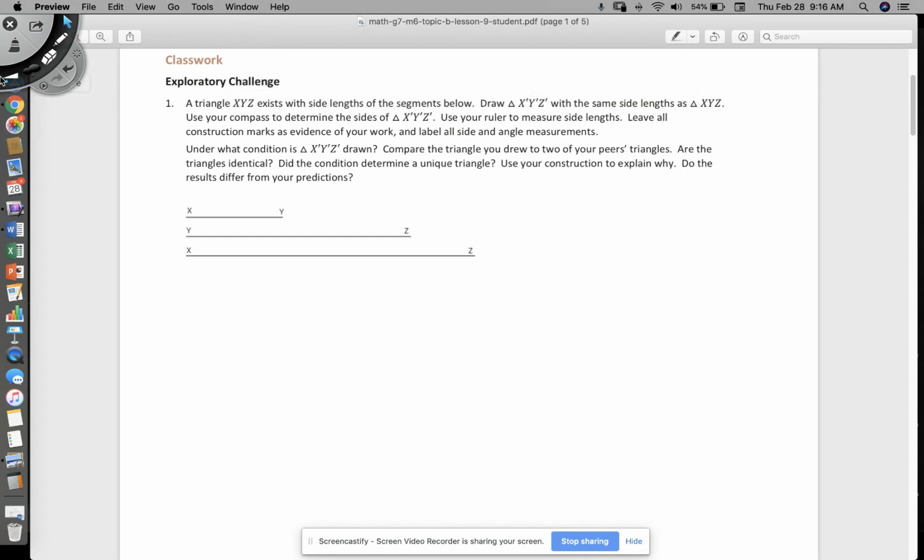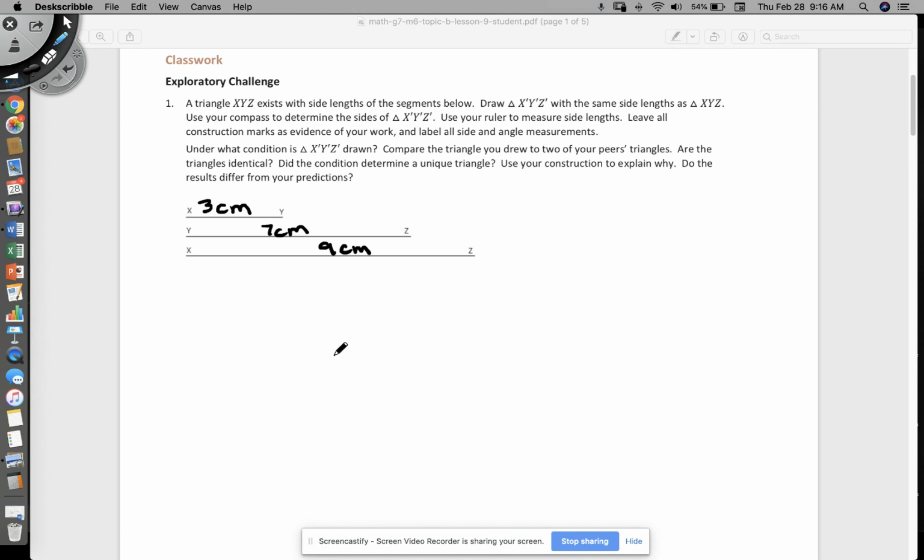All right, so if you measured correctly, this one here is 3 centimeters. This one here is 7 centimeters. And the last one is 9 centimeters. All right, so we're going to build this together. Now, under the conditions of triangle XYZ, compare the triangle you drew with your friends.